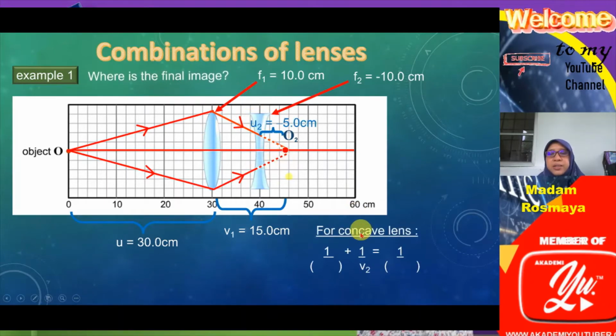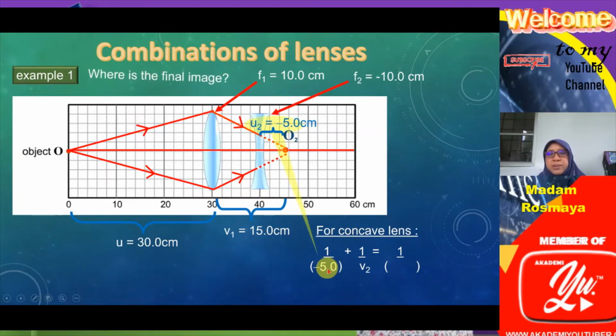Using the equation 1/u + 1/v = 1/f, the u is measured from the concave lens. So we ignore the convex lens and just refer to the concave lens. The object distance measured is 5 cm from here to here: just now 15, minus the 30 to 40 here, 10 cm, so here only 5 cm.